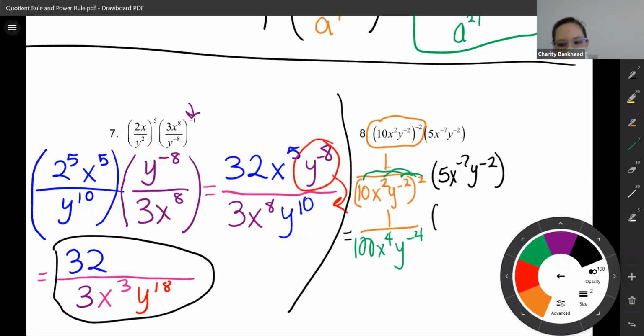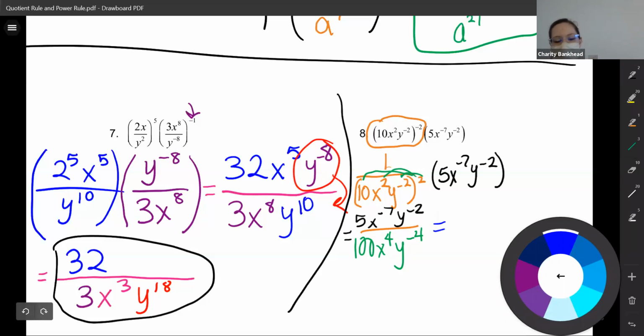So I could just write it this way. 1 multiplied by that stuff in the parentheses is just that stuff. All right, so I've got 5x to the negative 7, y to the negative 2 over 100x to the 4th, y to the negative 4.